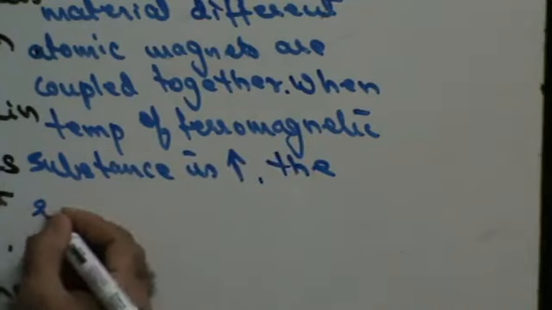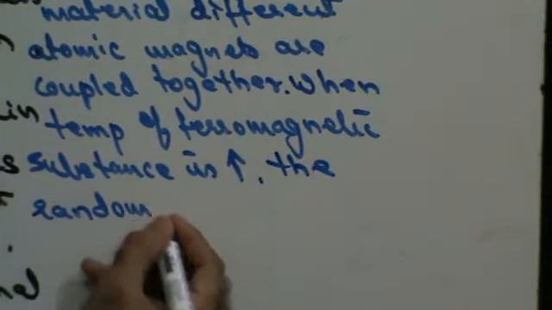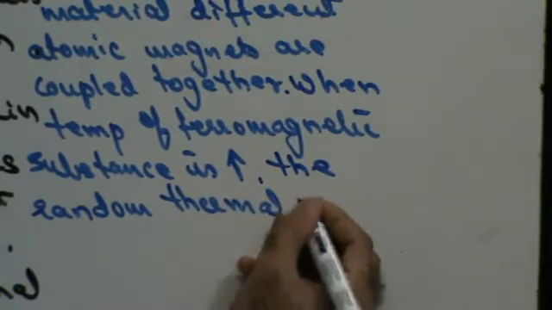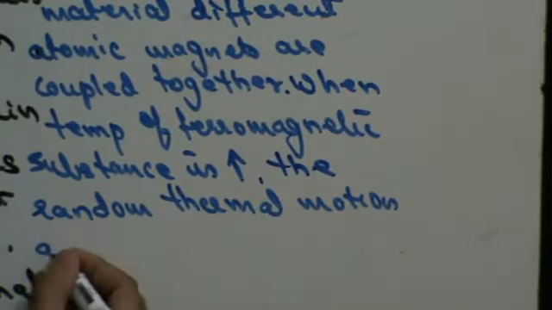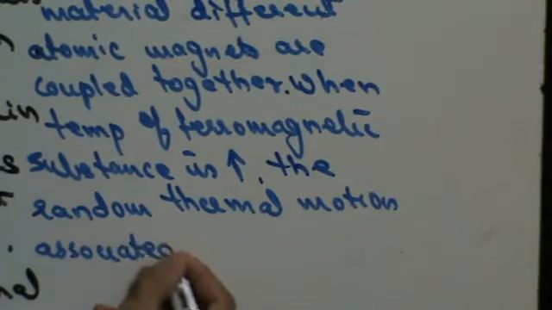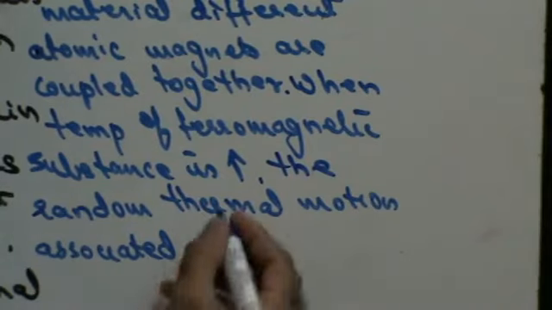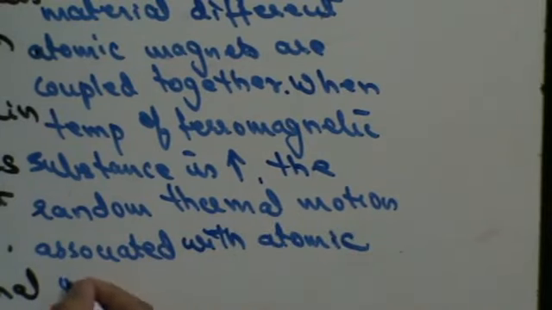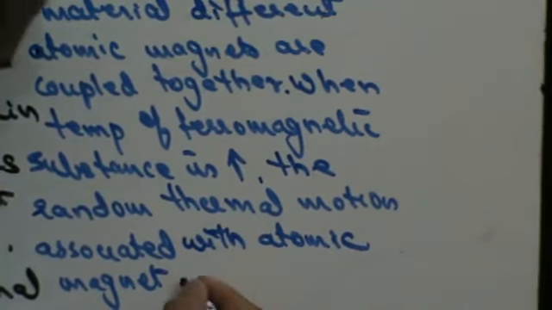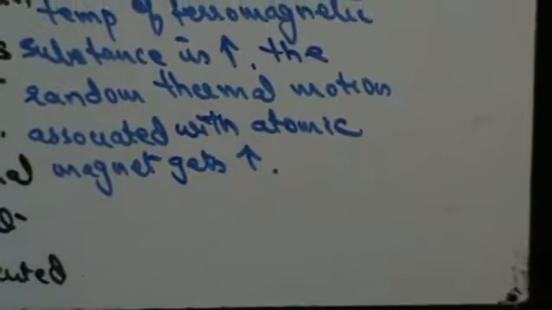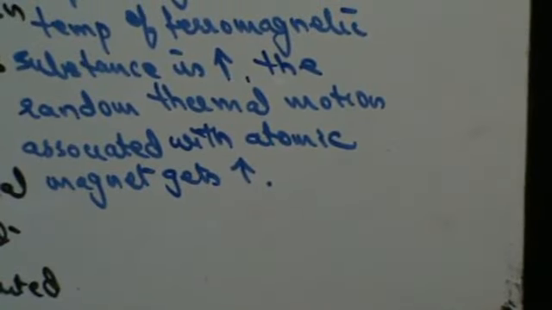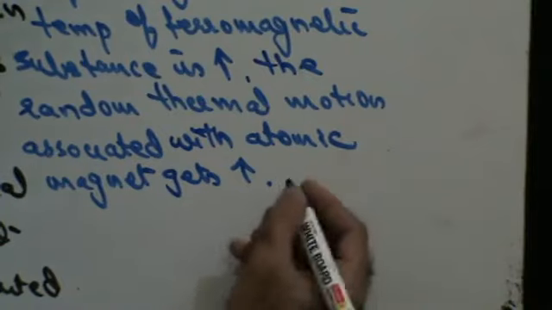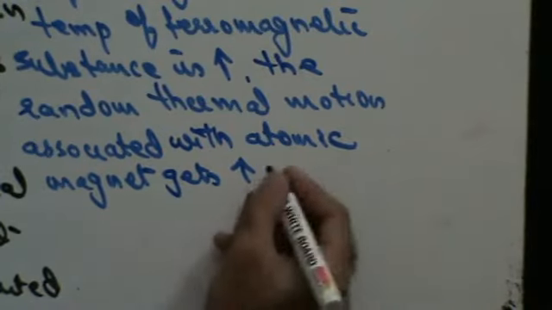The random thermal motion associated with atomic magnets gets increased, right? As a result, the coupling between different atomic magnets in each domain would become loose and break.